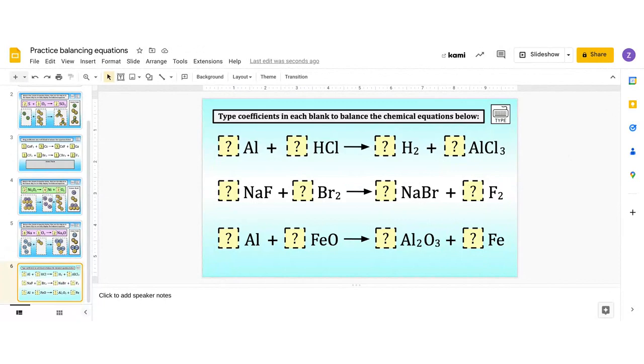Okay. All right, so the first one where it's Al, HCl, and H2 and AlCl3, right? Okay, so the Als are fine, the H's aren't, and the Cl's aren't. So let's see what works in here.